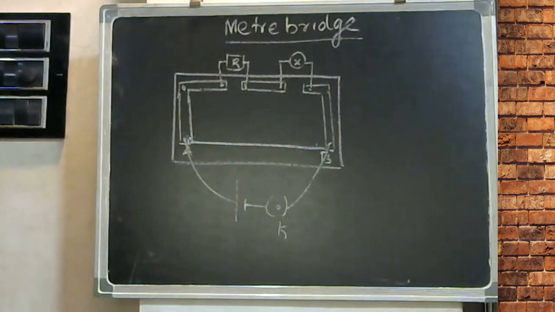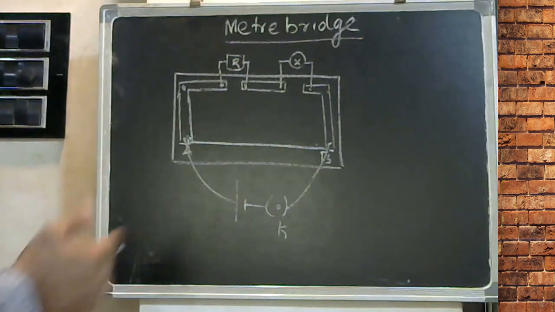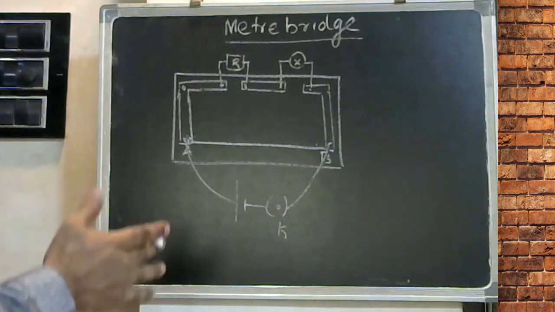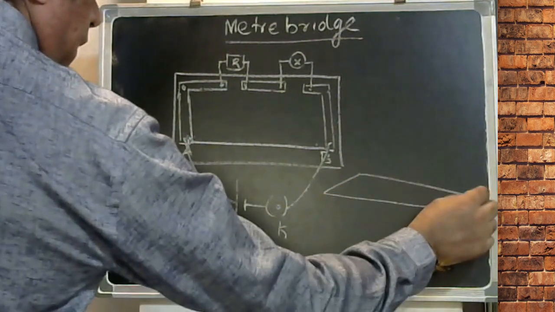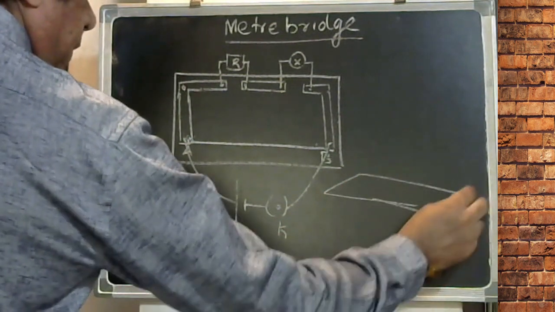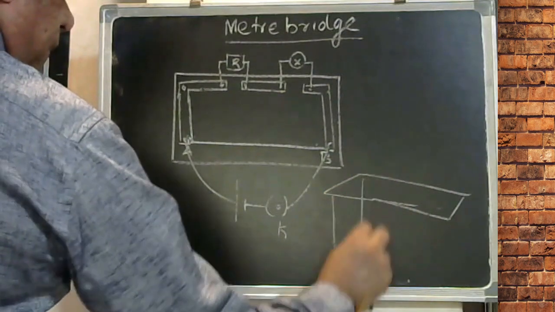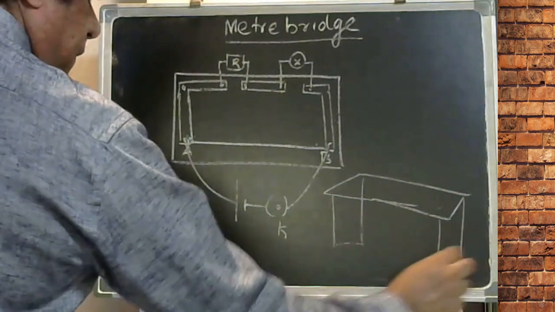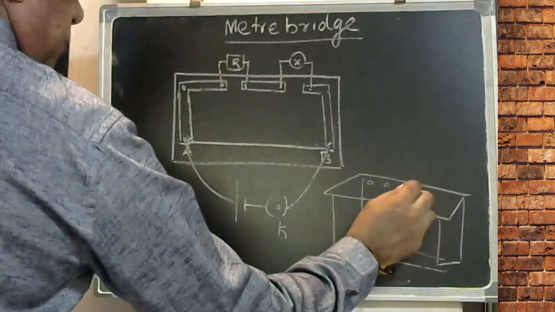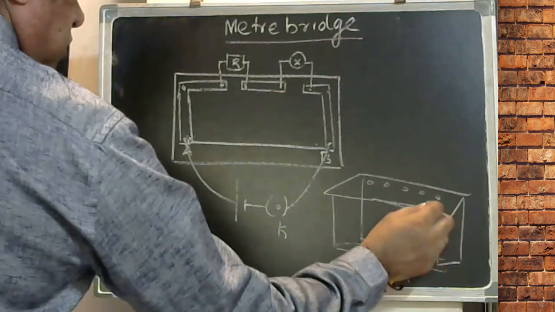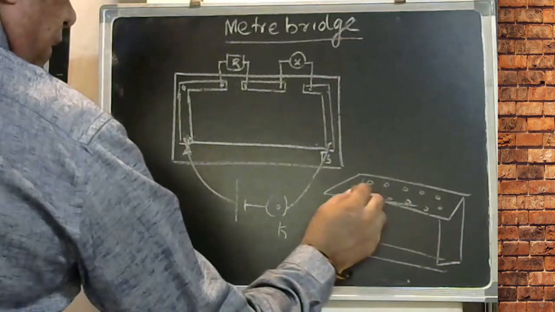Now, a resistance box, if you see it in your practical lab, is a wooden box. You can see holes on that box.